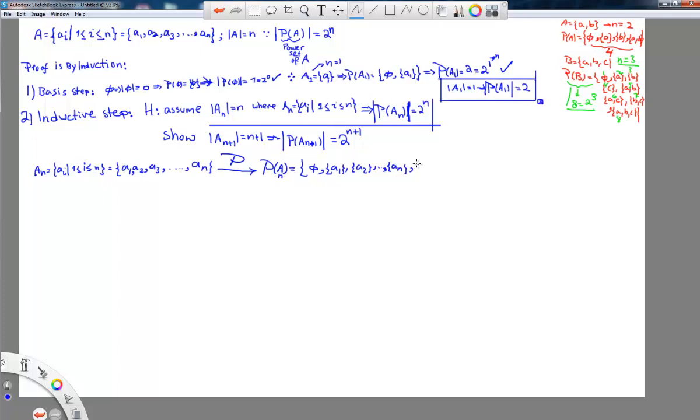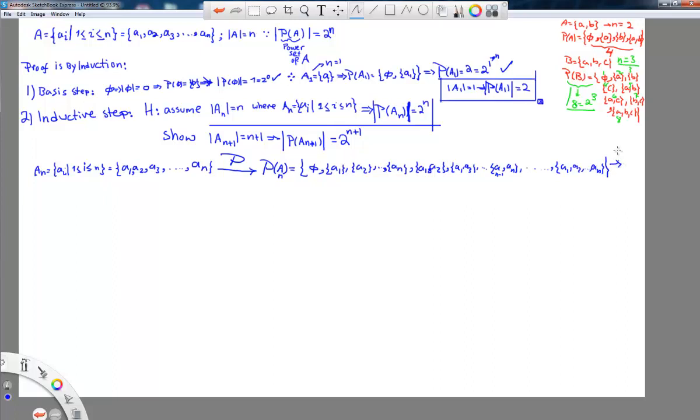Then the set of each pair of these, so A sub 1, A sub 2, A sub 1, A sub 3, all the way to the set A sub n minus 1, A sub n. So these are the two-element sets, then the 3-element sets, 4-element sets, 5-element sets, all the way to all of them. So A sub 1, A sub 2, A sub n.